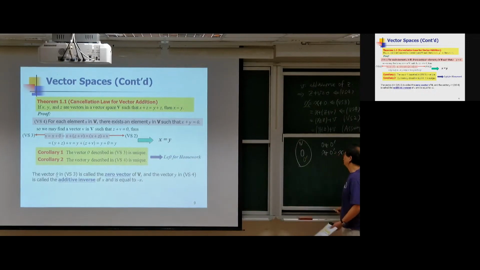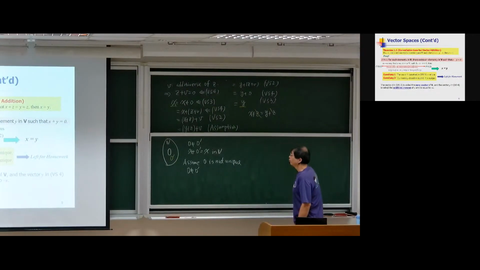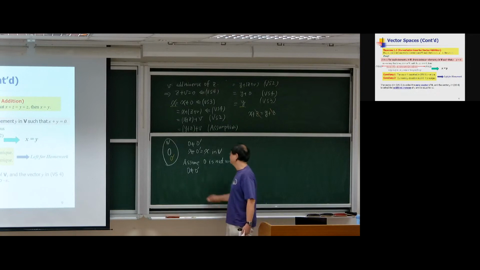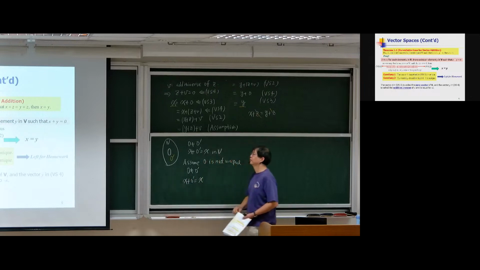Then we assume 0 is not unique, so that 0 is not equal to 0 prime. But 0 prime also has this property, x plus 0 prime equals x.